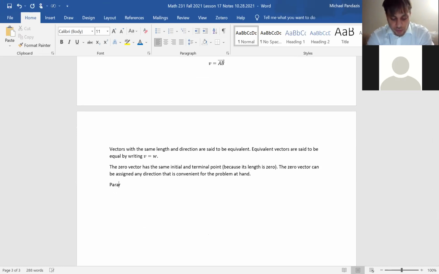There are a few rules I'm going to go over pretty quickly. This is the parallelogram rule for vector addition.